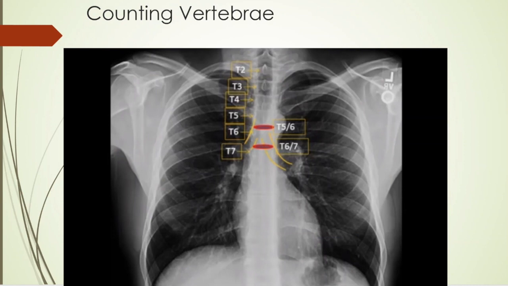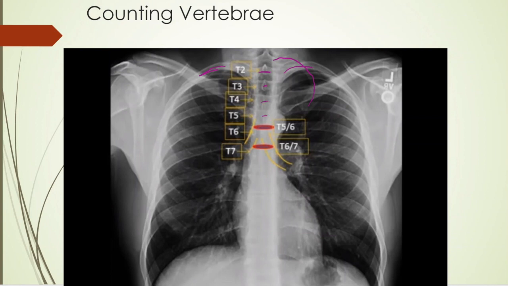And I talked about this, counting vertebrae. This is a much better film to determine where the carina is. And you can see here, the first rib is back here, and it comes up like this. This is the second rib. You see the second rib corresponds to T2 here.